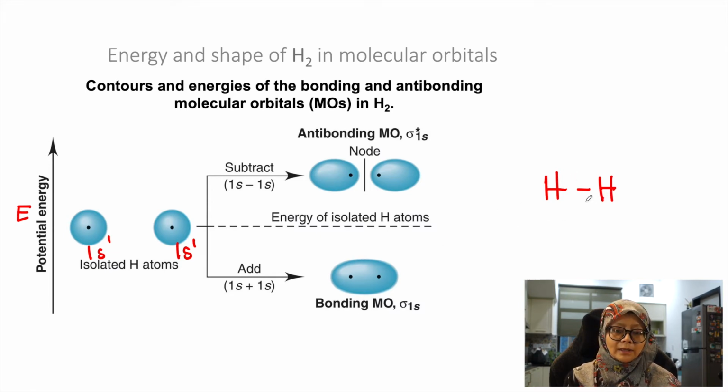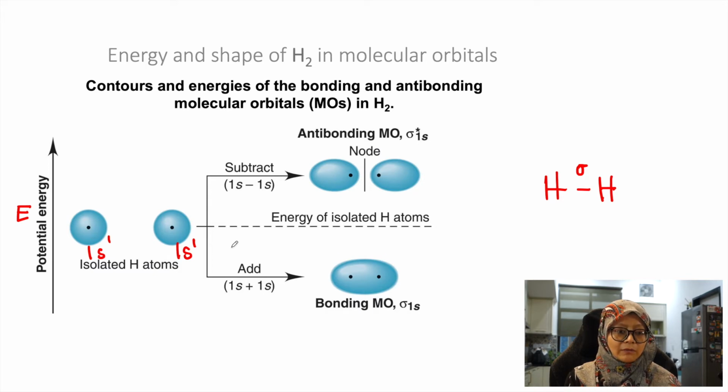So what happened here? A single bond will form a sigma bond. So we have a bonding MO, the sigma 1s, based on the atomic orbitals of the hydrogen atoms.